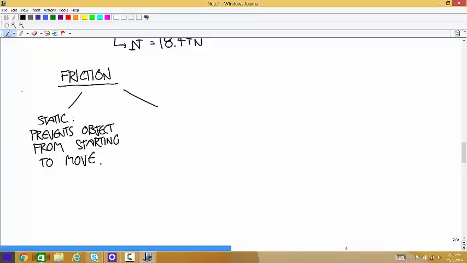Static friction just applies whatever force is required to prevent motion up until a maximum value. And so the magnitude of the static friction force is less than or equal to a coefficient. That's the Greek letter mu. It looks like somewhere between an M and a U, and it's spelled MU, so that's how you can remember it. And mu sub s, this is a static coefficient, times the normal force.